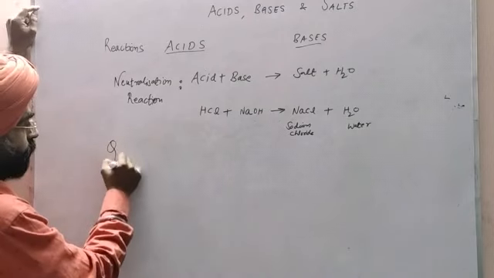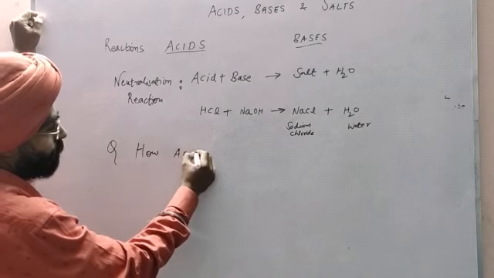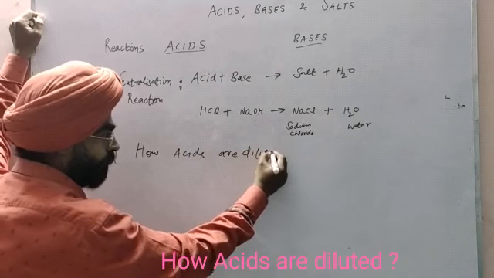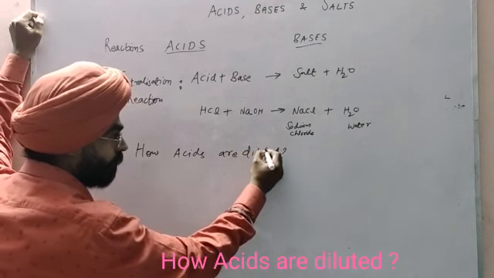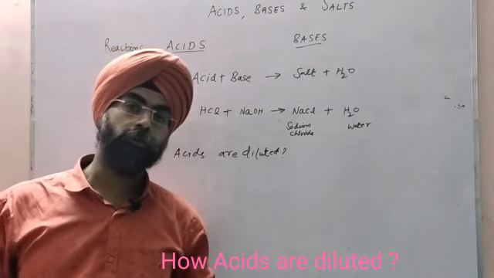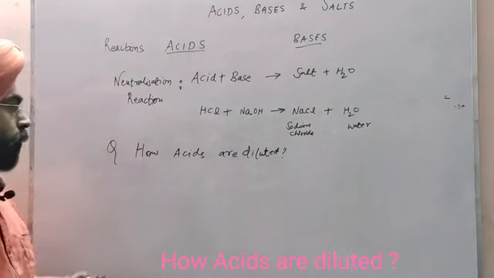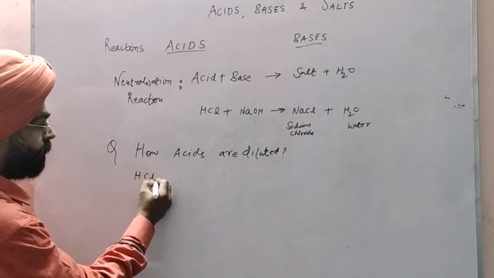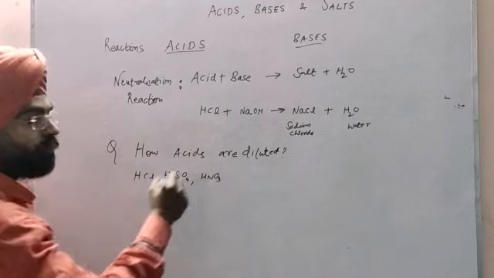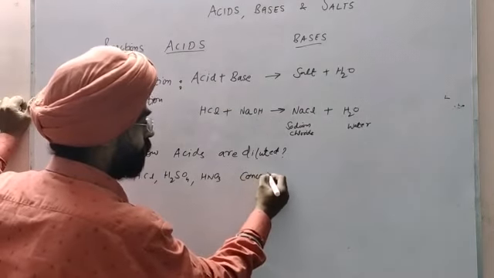Now there is one concept: how acids are diluted. Diluted means you have to add some water into the strong acid to make it less effective, because strong acids like HCl, sulfuric acid and nitric acid are always present in concentrated form.